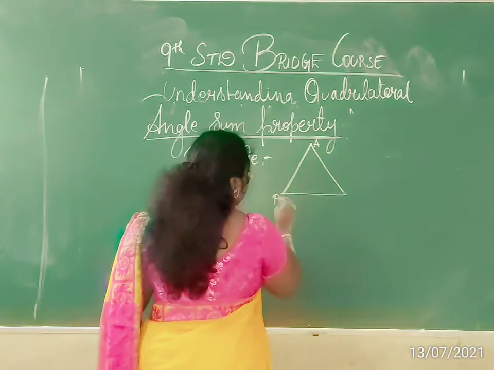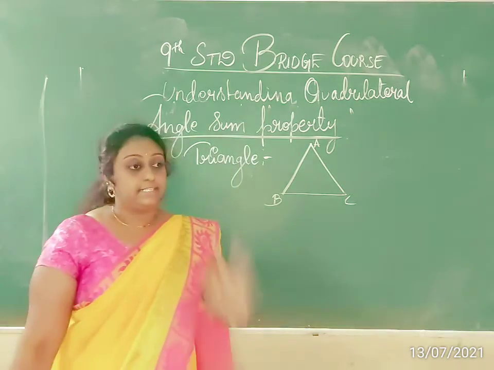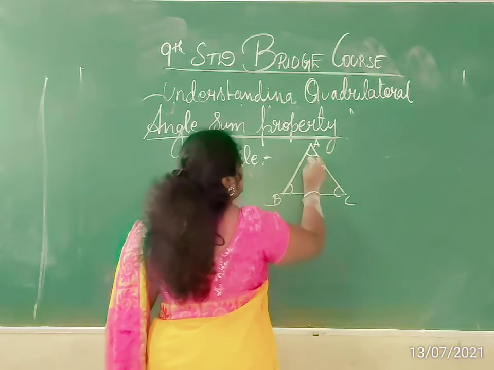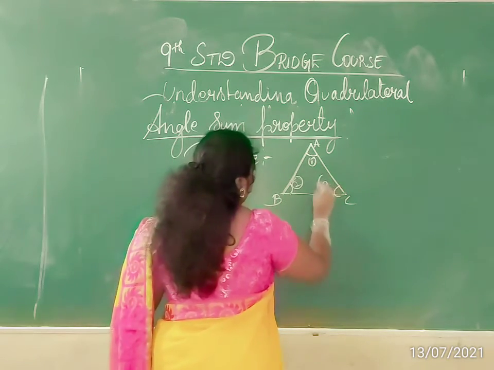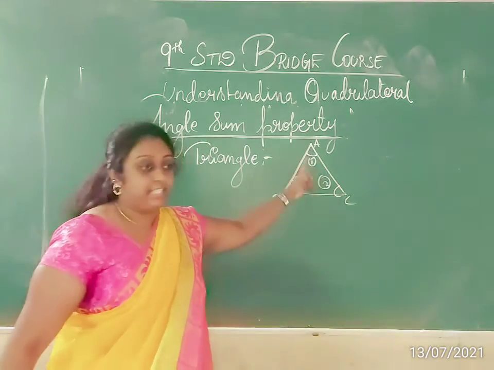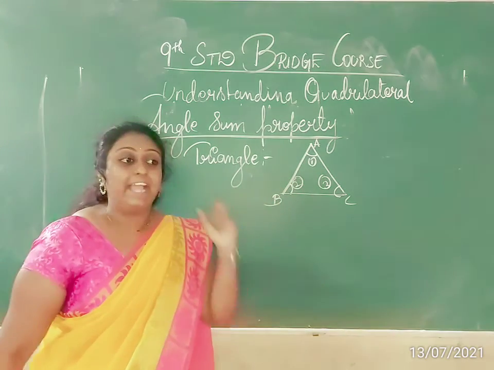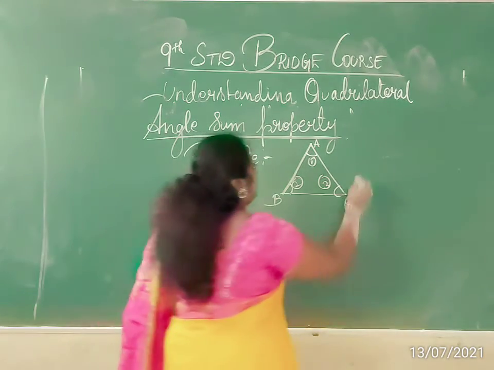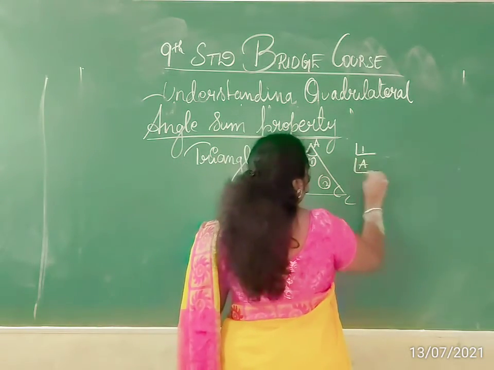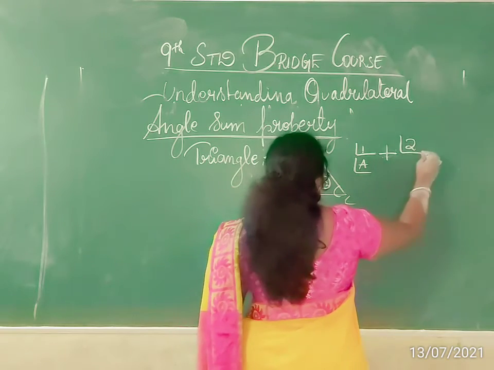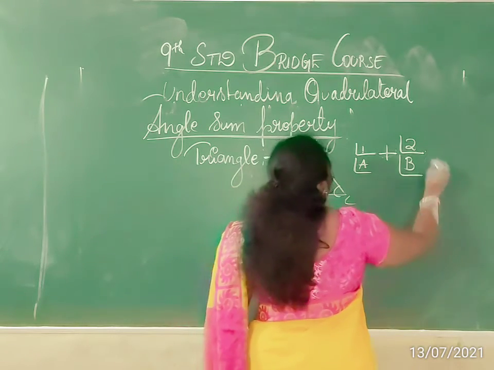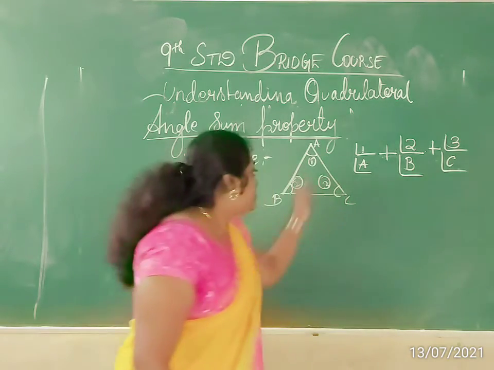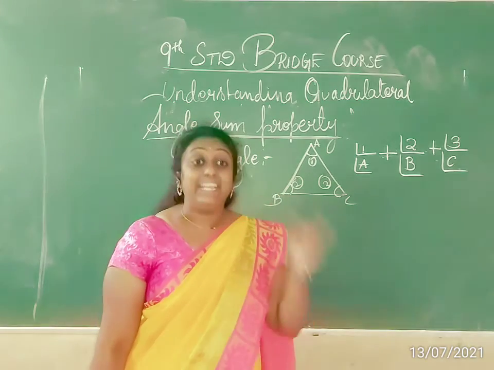A, B and C. For a triangle there are how many angles? 3 angles, isn't it? 1, 2 and 3. So when I add up all these 3, what will be my exact total angle? That is your angle sum property. When I add angle 1, that is angle A, plus angle 2, that is angle B, plus angle 3, that is angle C, what is the standard value?